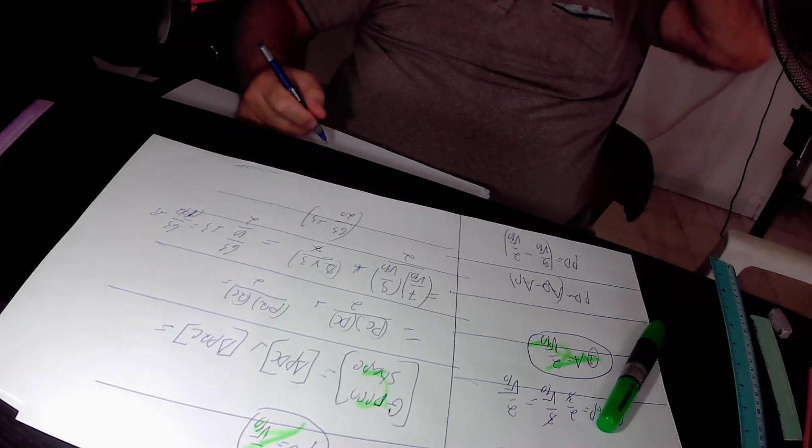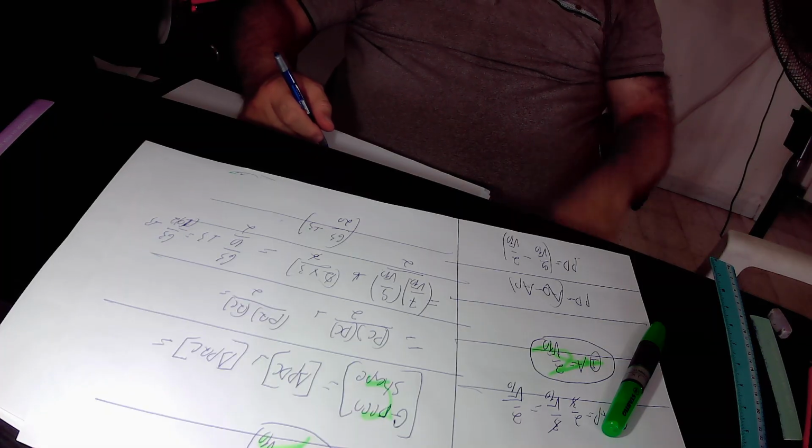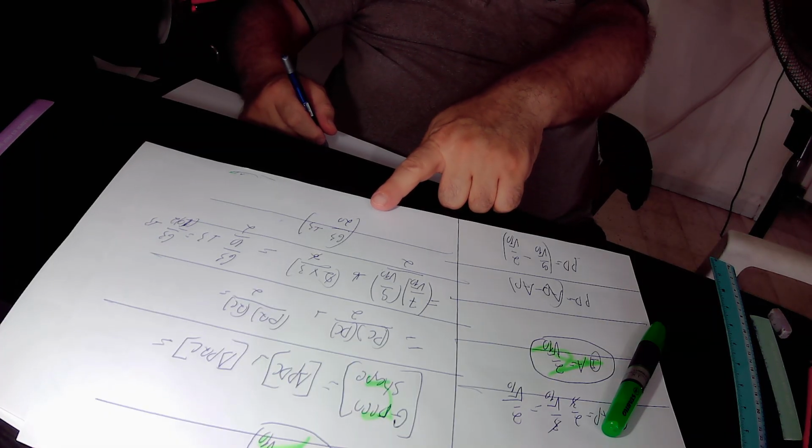So here we multiply 3 by 20 and then divide by 20 in order to get a common factor with this number.